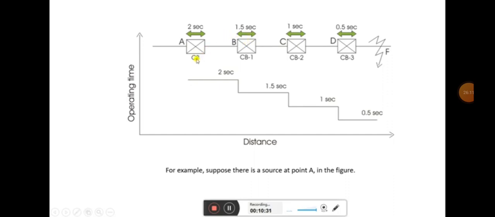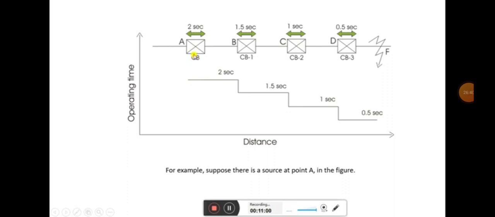Similarly, there is a CB placed at the point nearest to the source, and for this relay the time of operation is 2 seconds. It means after 2 seconds, the relay of this circuit breaker will operate.